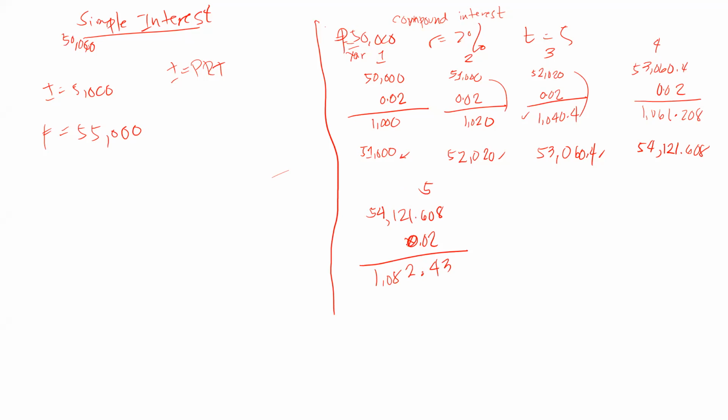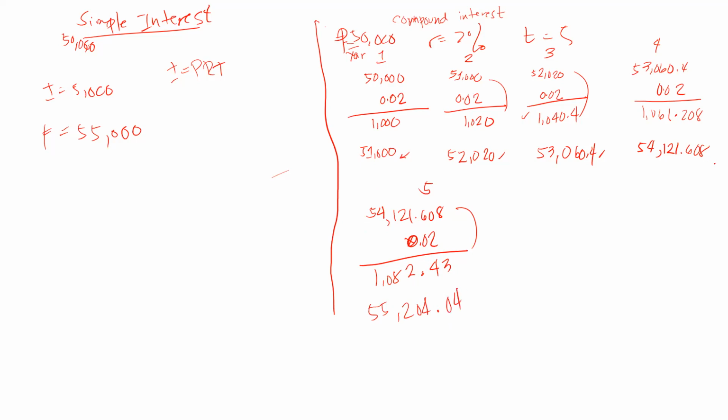I-ready ang calculator, i-check kung tama ang pagka-compute ko. So, for the 5th year, nagpatong siya ki 1,082.43. So, for the 5th year, ang babayadan mo na, plus ining 54,121.608 is equal to, ang babayadan mo, 55,204.04.